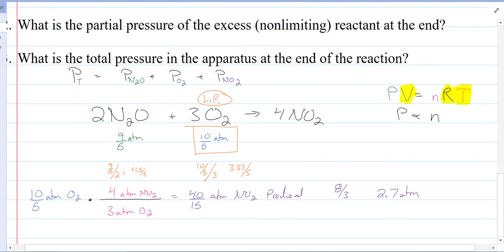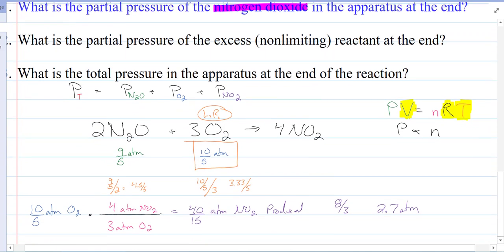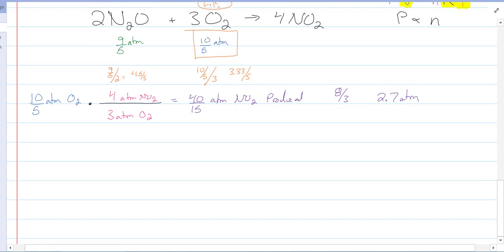Number 2. What's the partial pressure of the excess non-limiting reactant at the end? So how much N2O is left? Well, we start with 10 fifths atmospheres of O2. And we know there are 3 atmospheres of O2 for every 2 atmospheres of N2O.